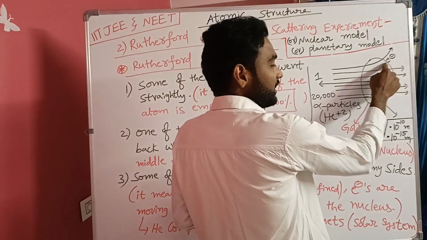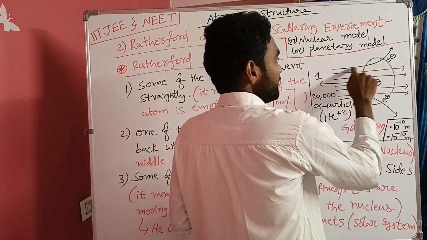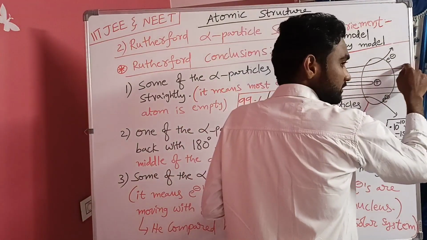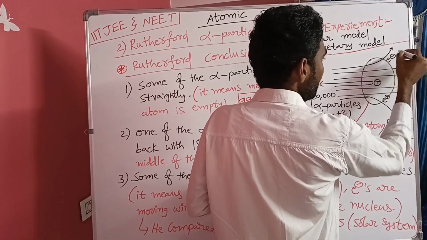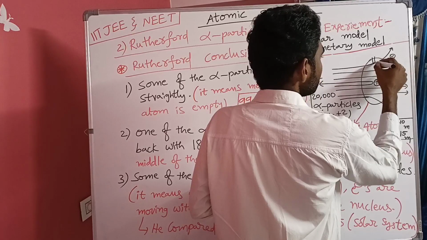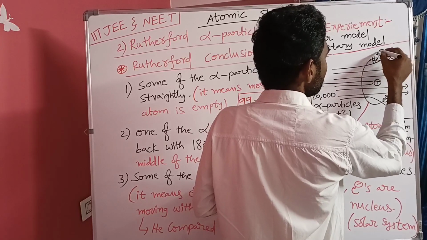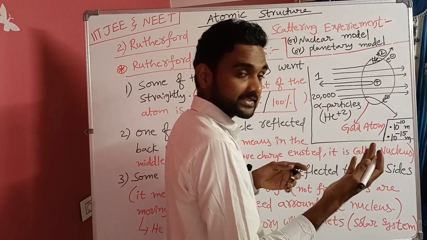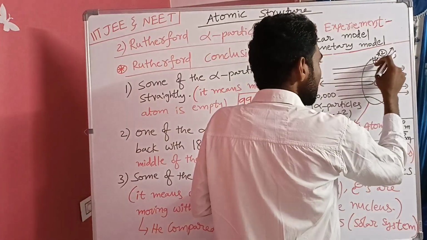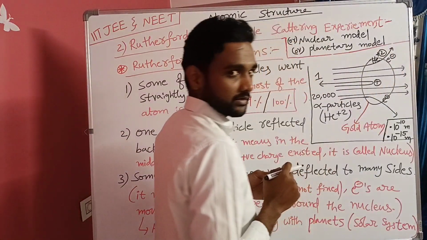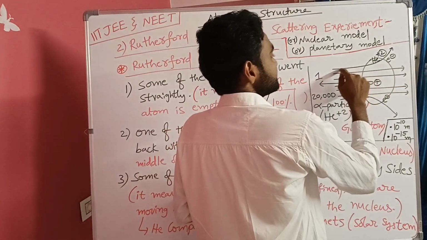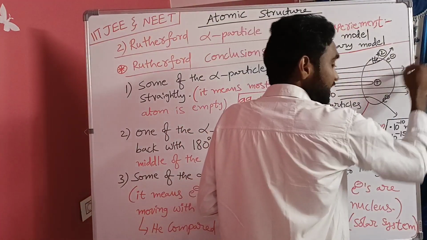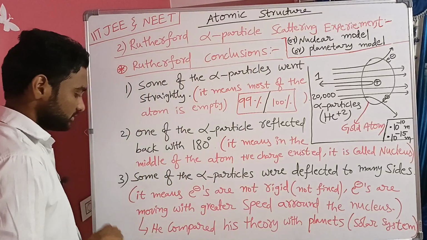Actually, if this electron were not here, then this alpha particle could go straight. But the electron has a negative charge and the alpha particle has a positive charge. So because of this positive-negative attraction, the alpha particle deflected. Remember this point. So what is the final conclusion?